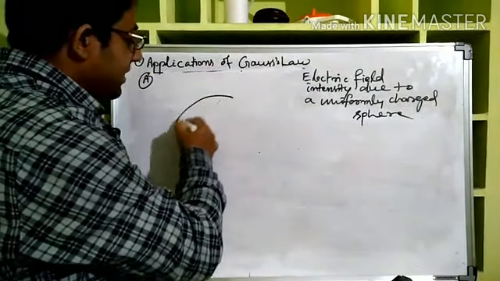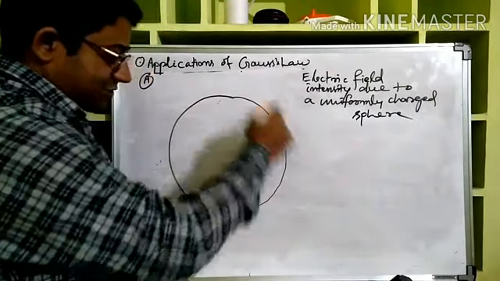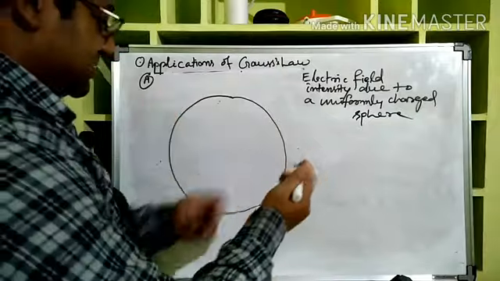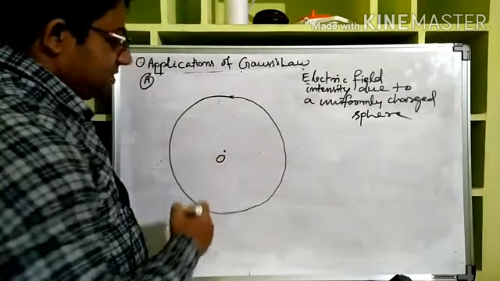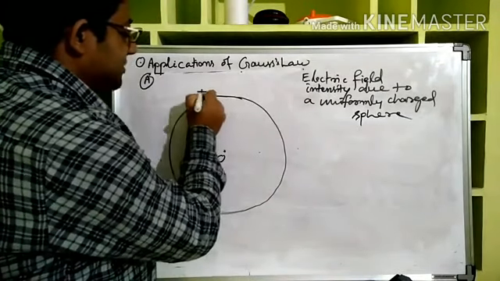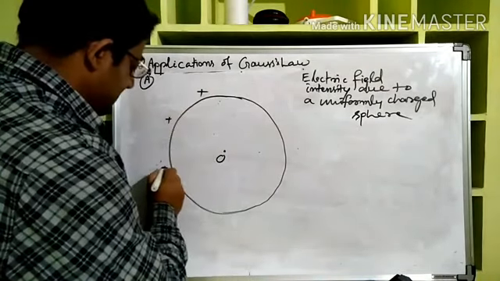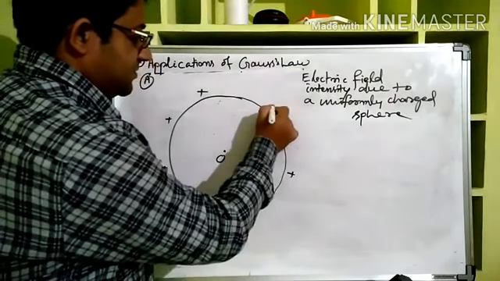So we are having a sphere. In 2D I am showing it, it looks like a ring, but it's a sphere, you imagine. This is the center point, let us say O, and the sphere is uniformly charged. Let us say plus Q charge is given to it, and it's uniformly distributed over the surface.